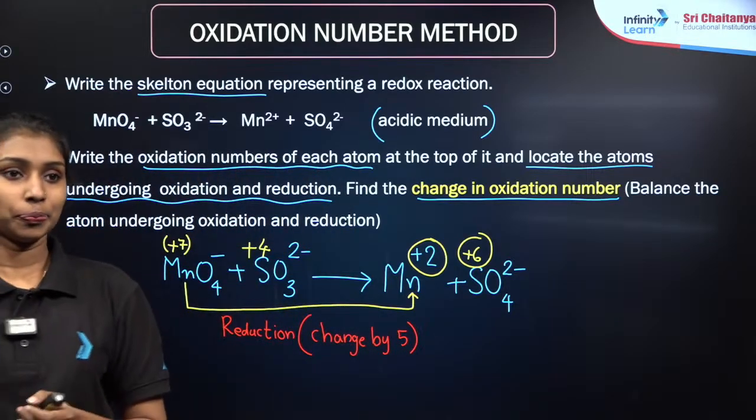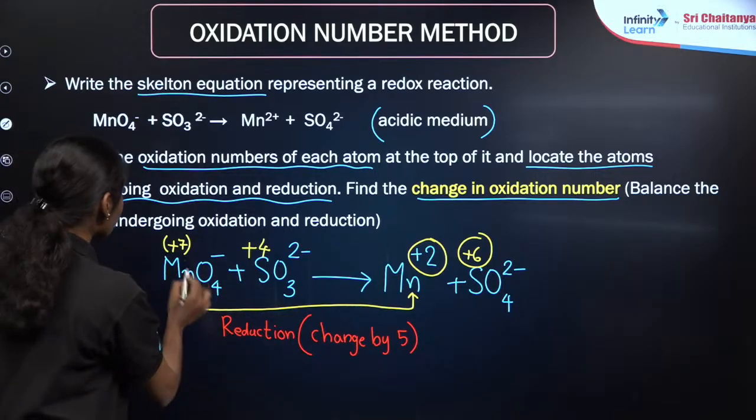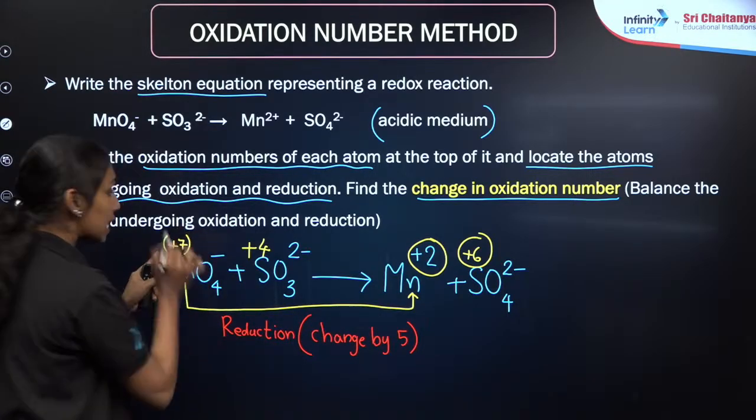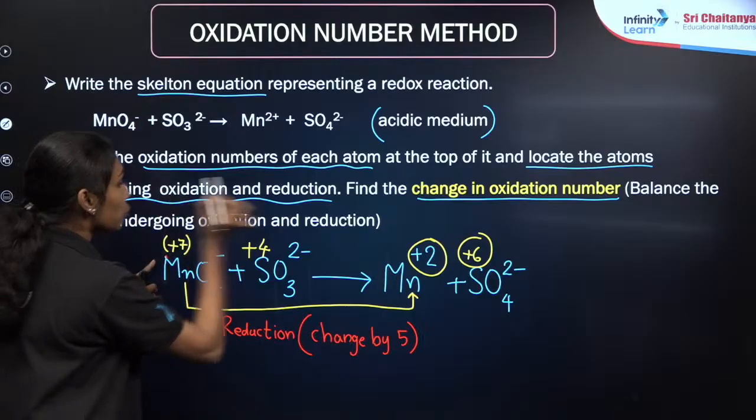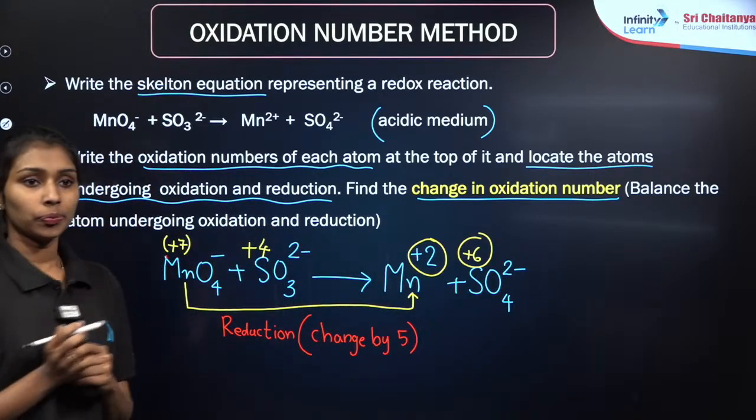Change by 5, right? Manganese is changing its oxidation number from plus 7 to plus 2, which means the oxidation number changes by 5. Clear?